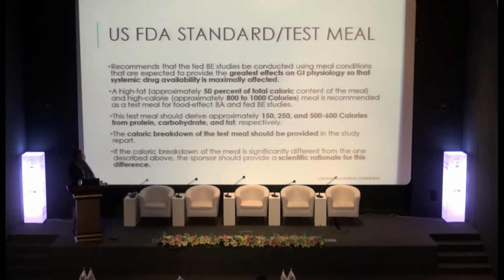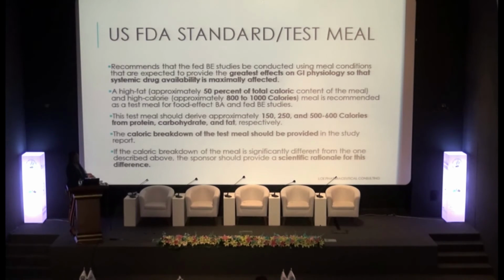Under the US FDA guidance for food effect studies, the recommendation is that the fed BE study should be conducted using meal conditions that are expected to provide the greatest effect on GI physiology, so that the systemic drug availability is maximally affected. So you're really trying to see an effect as a result of the food.